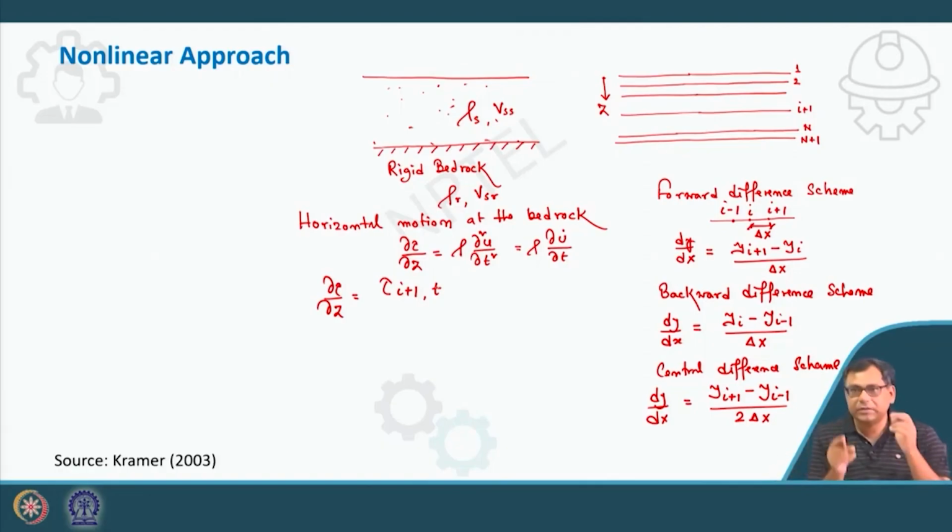Tau is a function of z and t, as I showed in the linear approach also. Strain is also a function of z and t. Here G is also a function of z and t.